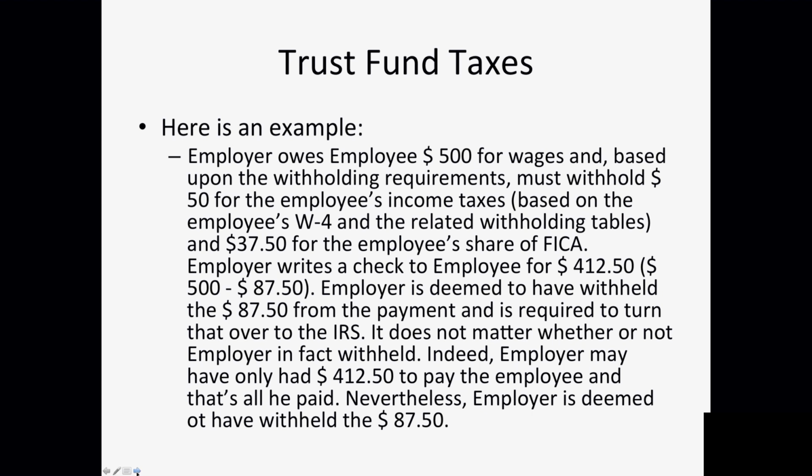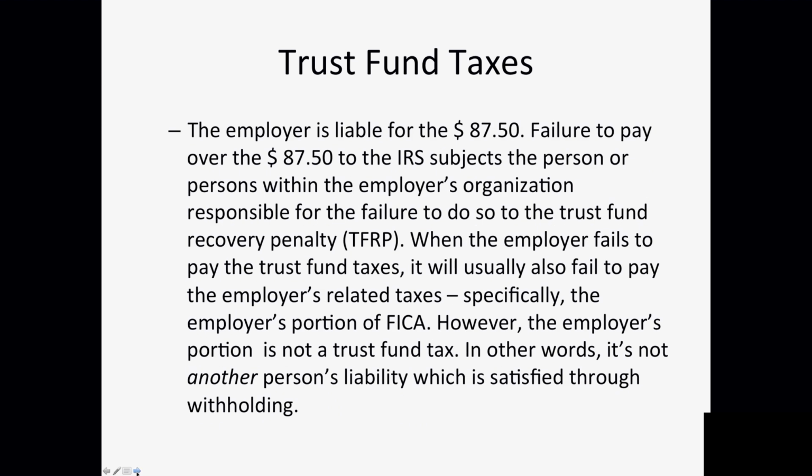Nevertheless, the employer is deemed to have withheld the $87.50. The employer is liable for that amount of $87.50, and failure to pay it over to the IRS would subject the person or persons within the employer's organization responsible for the failure to withhold to the trust fund penalty.